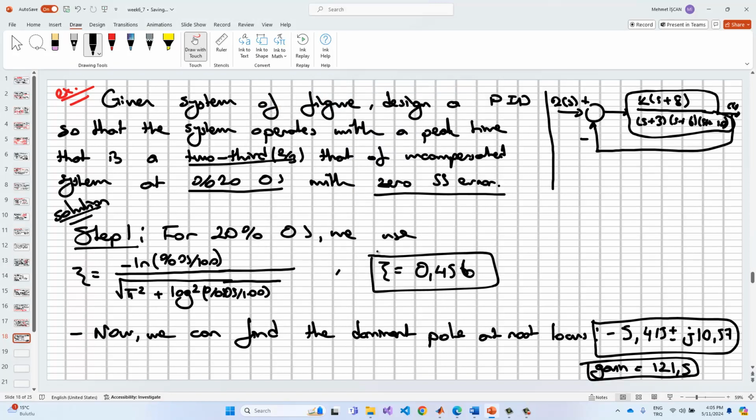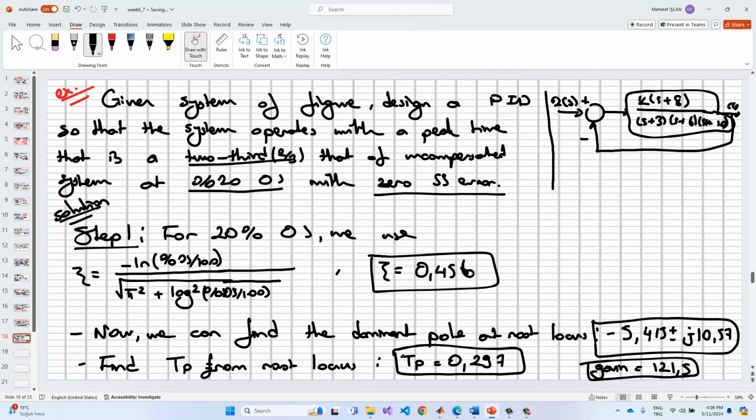So using the peak formulation in here, TP from root locus, which is equal to 0.297. This is the simple representation of the peak formulation coming from the second order system.